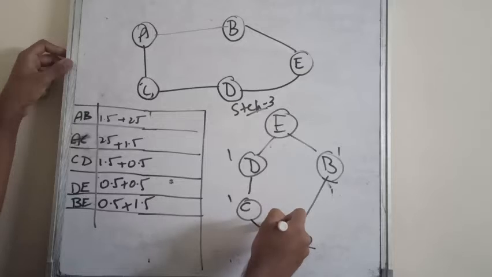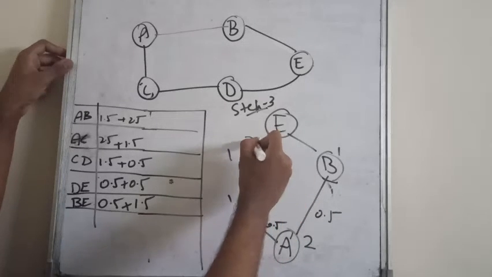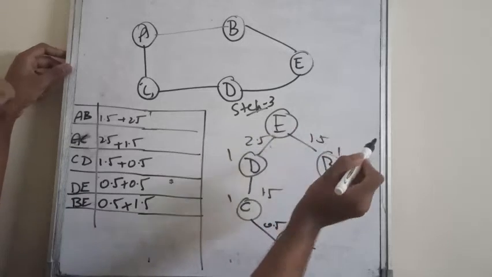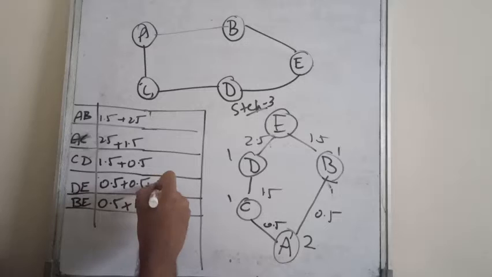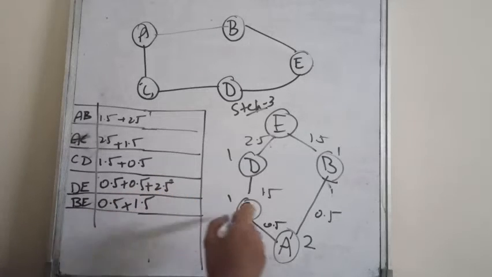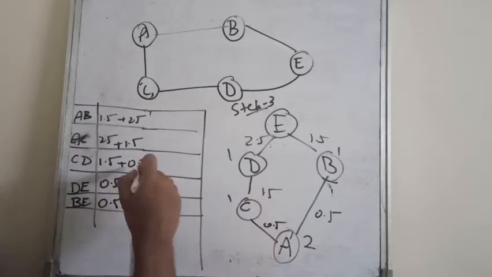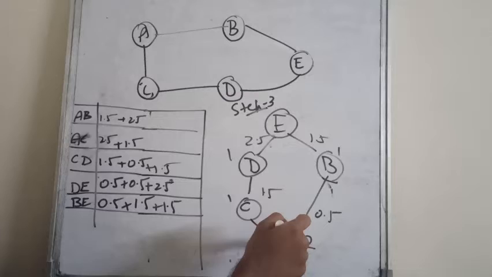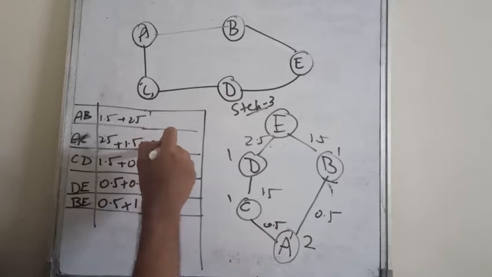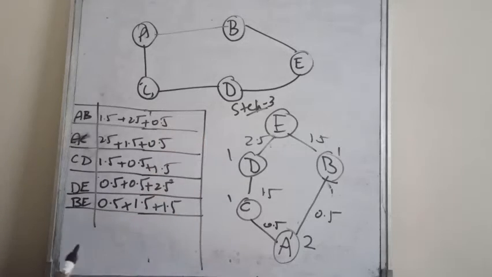So this will be 0.5, 0.5, 1.5, 2.5 and 1.5. So what will we do here? ED, DE, that is 2.5, BE is 1.5, CD is 1.5, AC is 0.5 and AB is also 0.5. Okay, so we are done with our node E.